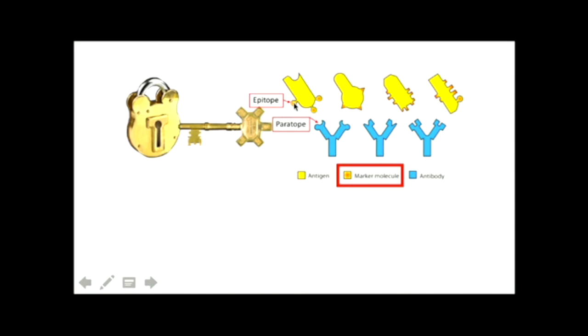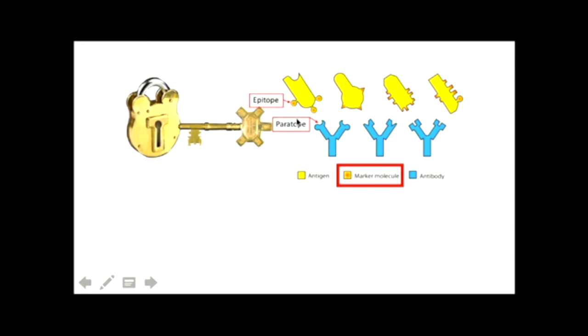So antigens can have several different epitopes. And paratopes are kind of the receiving end of the antibody. So there's a lot of specificity, and a lot of times it's kind of compared to the lock and key analogy of how things fit together, that you're only going to have one key for one lock. So you're going to have one antibody for one antigen.